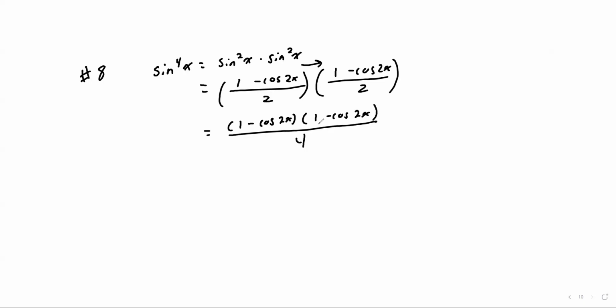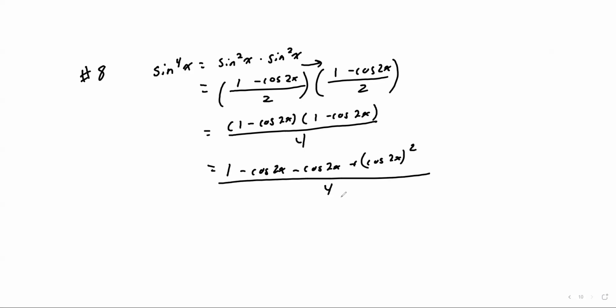I do have a double angle for cosine, but I have it for cosine squared and sine squared. Let's just start there. So that would be 1 minus cosine 2x minus cosine 2x plus cosine squared 2x, all divided by 4.